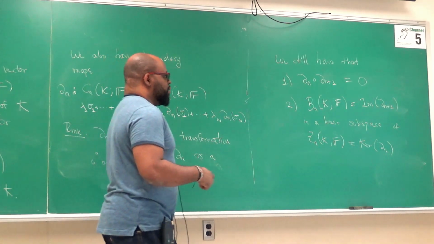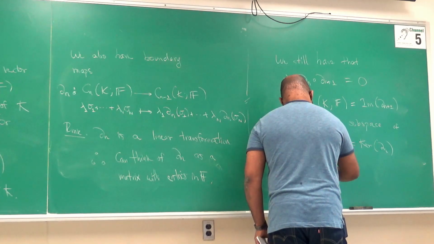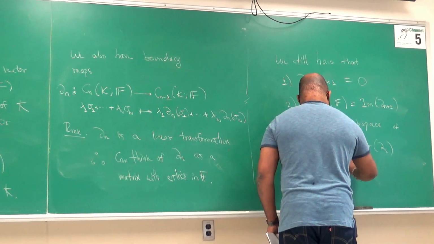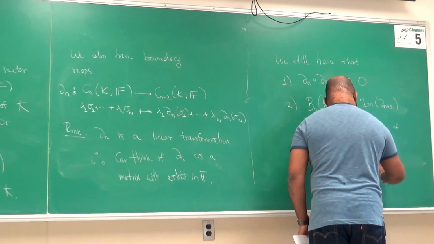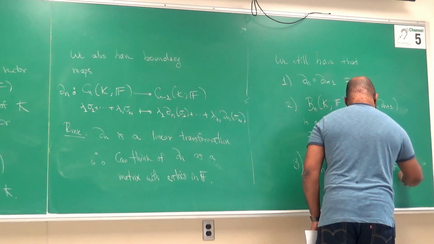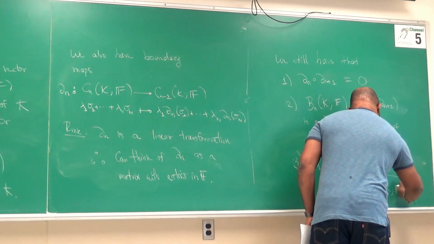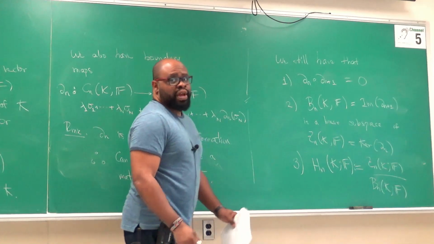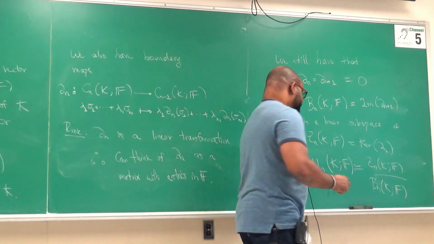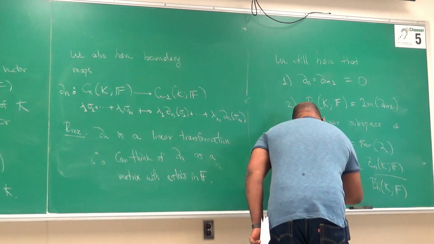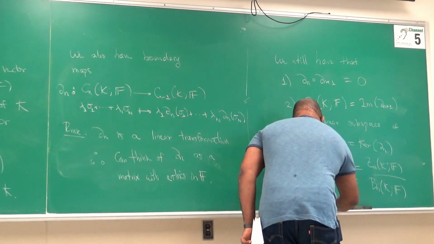And we can still think about the homology over F, defined as the cycles modulo the boundaries. Okay, so this is what we call homology with coefficients in the field F.